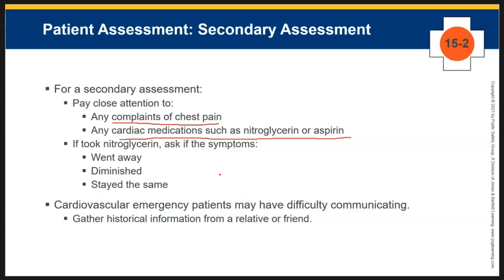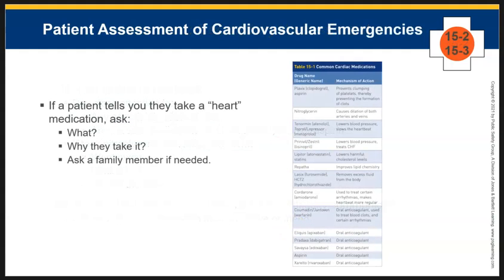You can think of it as that P, provocation or palliation, in our OPQRST algorithm. If the patient has difficulty communicating, find a relative or a friend as a bystander who can assist you.